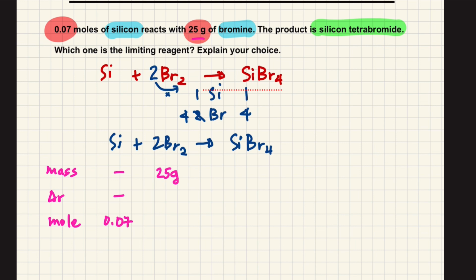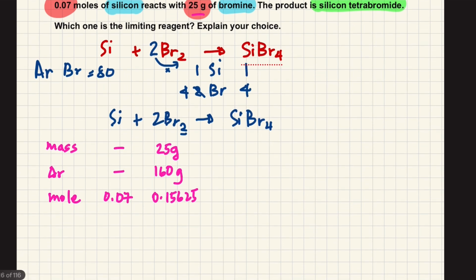Okay, so the Ar of bromine is 80, but we have Br2. So I'm going to use 160, okay? And therefore, we can calculate the number of moles of bromine to 0.15625, okay? So once we have that, we can use ratio and proportion to determine which is the limiting reactant.